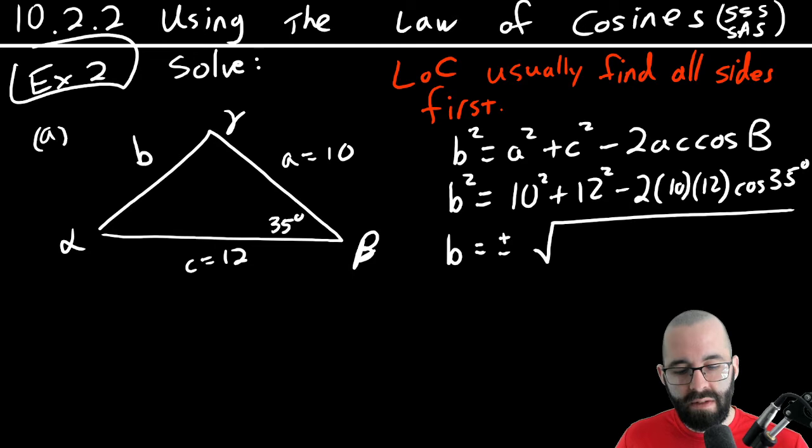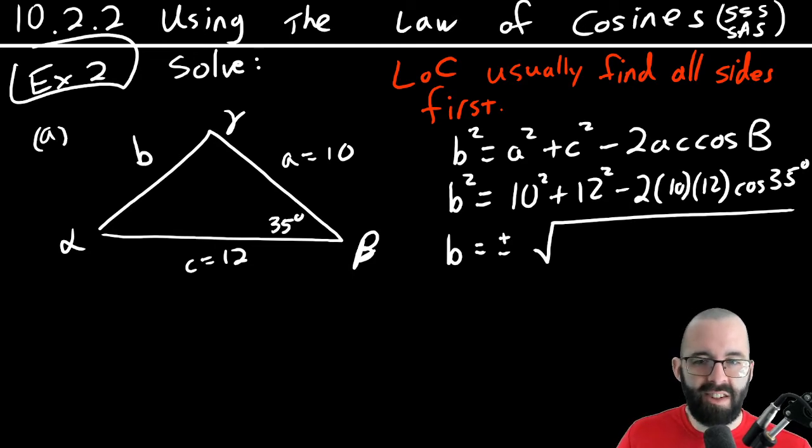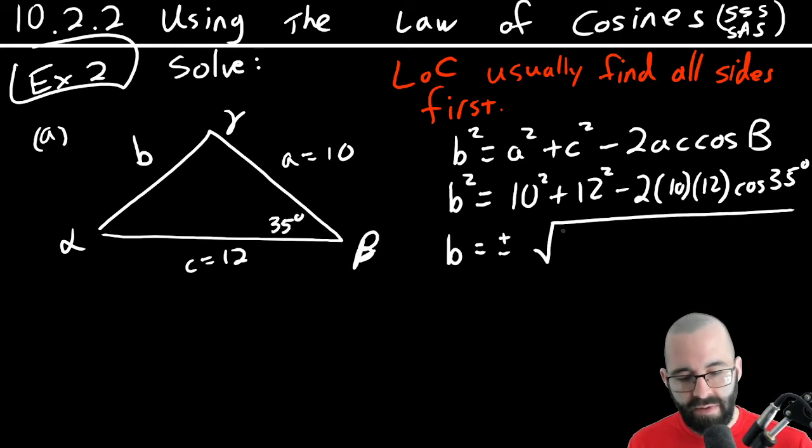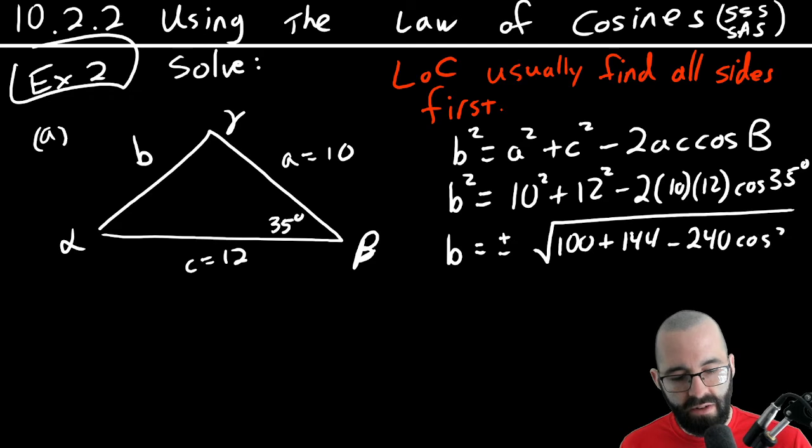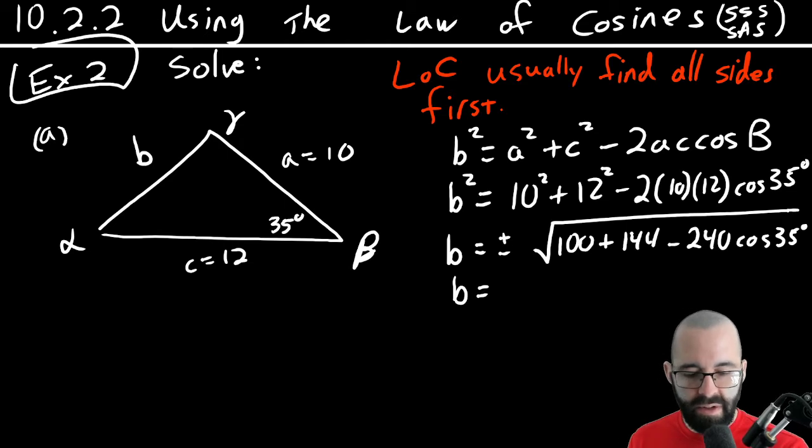You take the square root, that gives you a plus or minus. We're only going to look at the plus because we're not going to have negative side lengths for triangles. You could simplify a little bit, right? 100 plus 144 minus 240 cosine of 35 degrees. But yeah, try not to type it into your calculator until you're done. We're only going to look at the positive one.